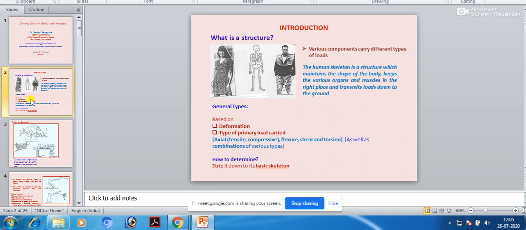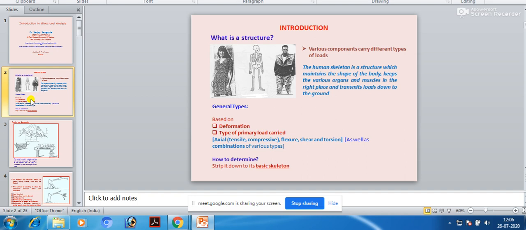And the deformation level of the structure should be up to a particular limit. Beyond that, if you deform, what will happen? There will be cracks coming. You can jump from some level, but if you jump beyond that level, say from the first floor or second floor of a building, then obviously there will be cracks coming onto your bones. Your structure will be deformed to such a level that it needs to be repaired.